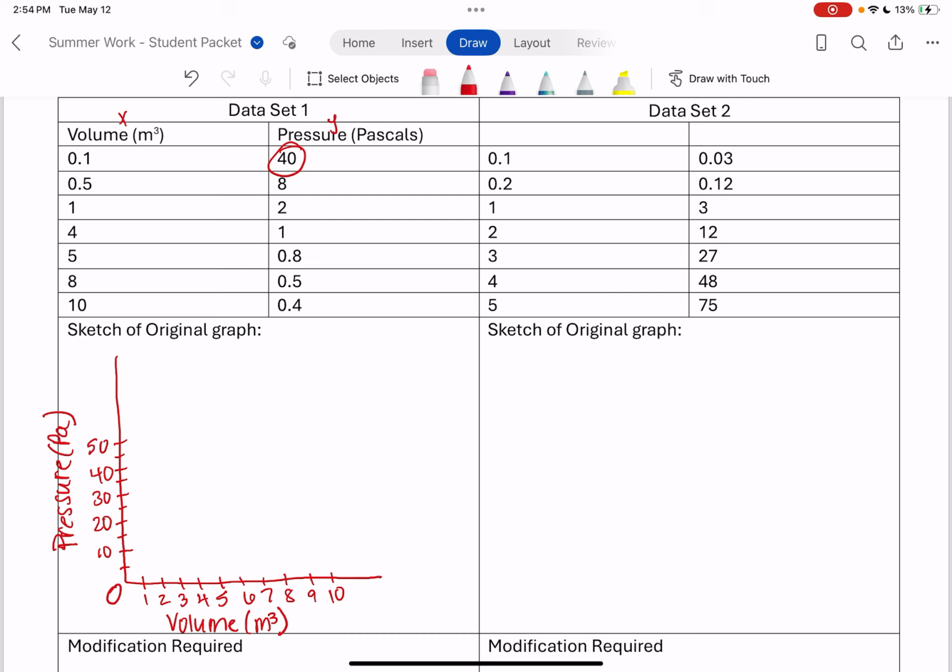Oh, I really didn't use my graph as good as I should. I'm going to do this: 5, 10, 15, 20, 25, 30, 35, and 40.